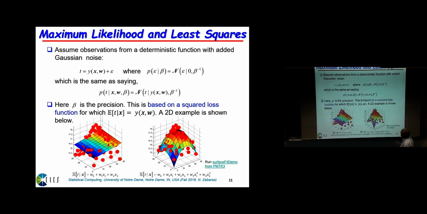So this regression function is really my mean response. So to actually get a probabilistic model, what we're going to do is we're going to assume that at every x, the response is going to be y of x and w, this is the regression function, plus some noise that I'm making a Gaussian noise. Okay? This is how we get a probabilistic model.